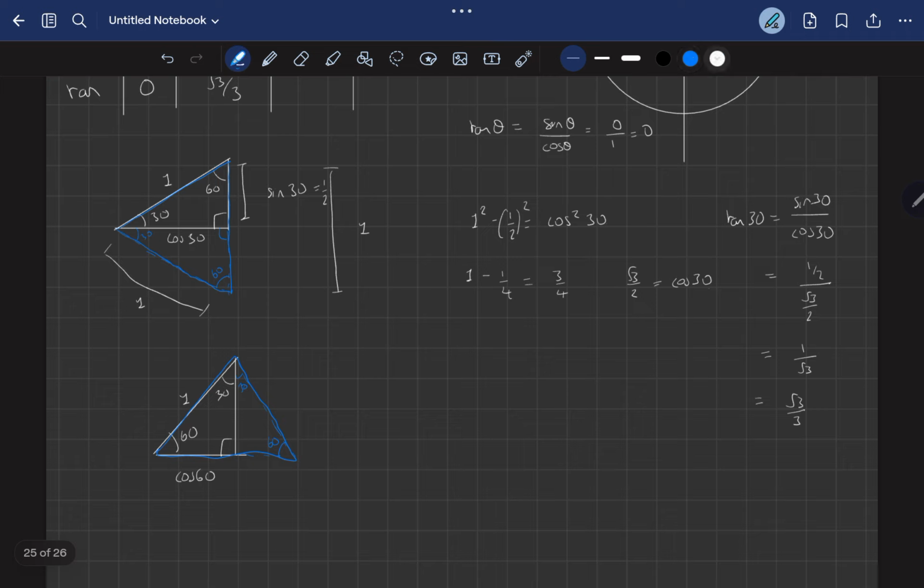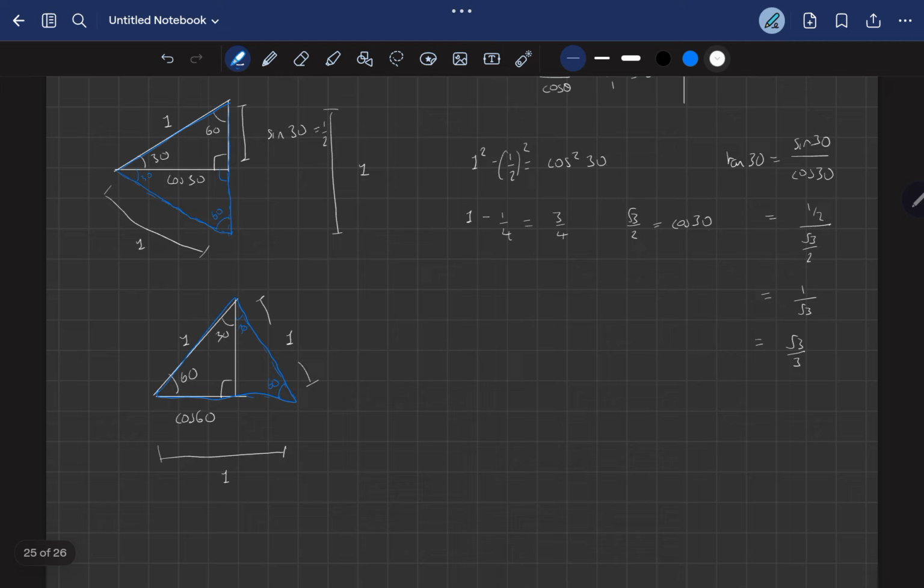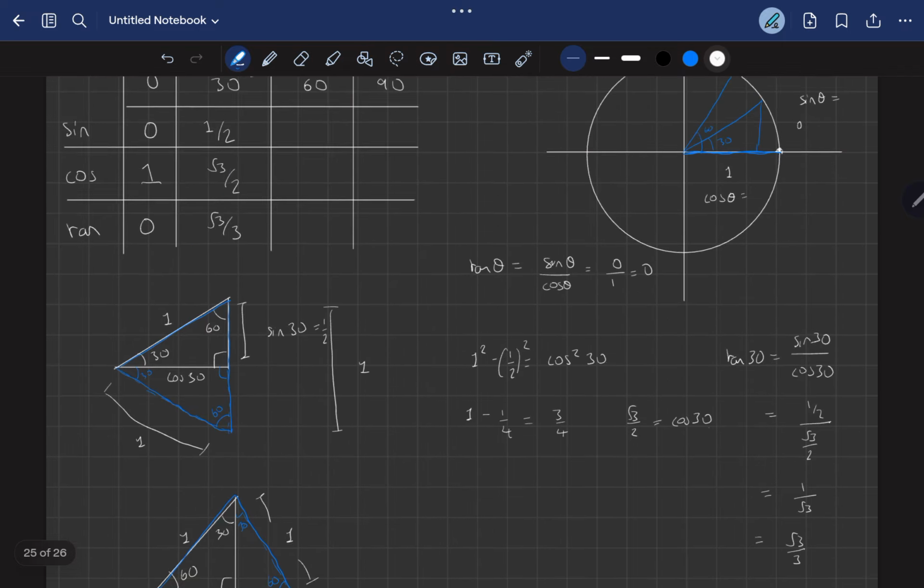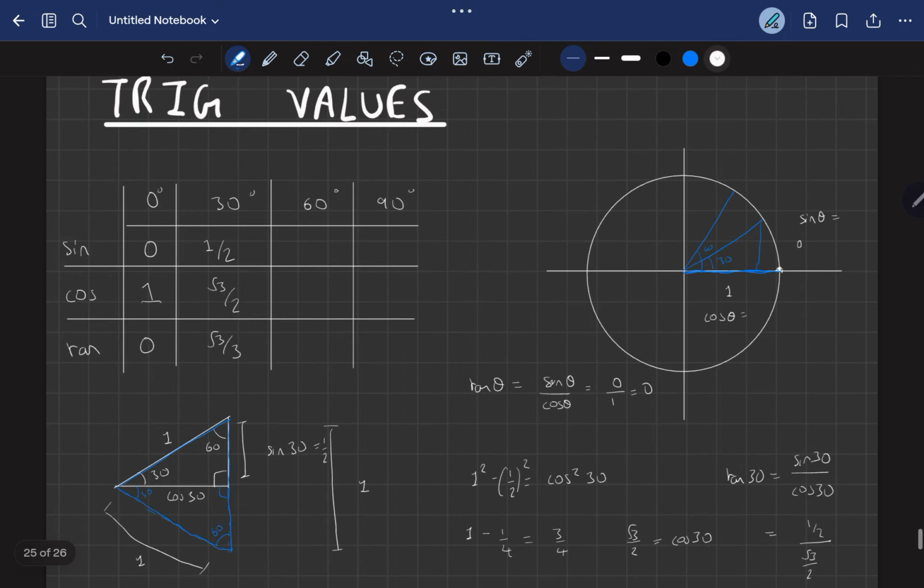So this is an equilateral triangle, which means this side length is 1, and so is this side length. Now cos 60 is just half of this entire side length, so cos 60 is 1 over 2.